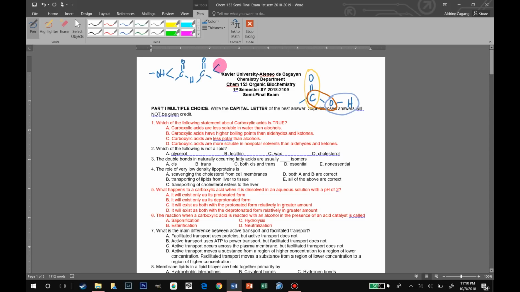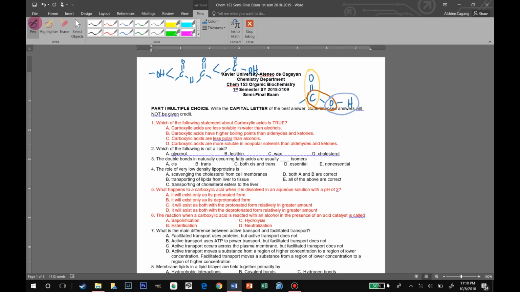And then you have the carboxylic acids, which are the most polar out of all the functional groups. Of course, alkenes and alkynes are not in question because those are non-polar functional groups. That will result in the properties of your carboxylic acids.